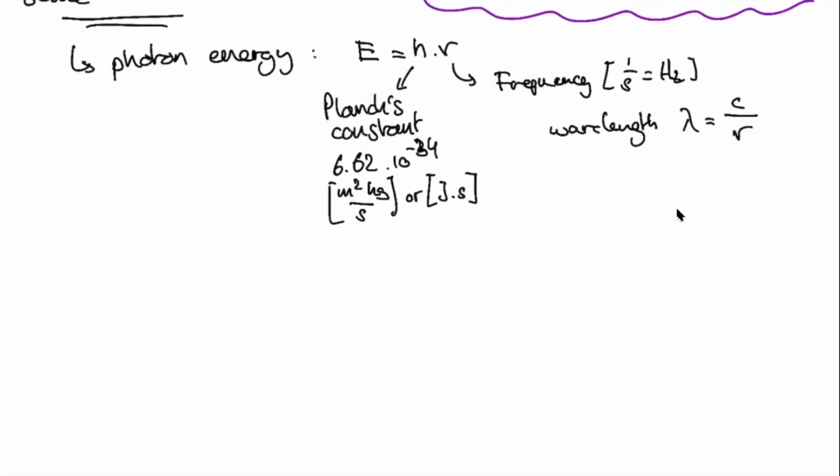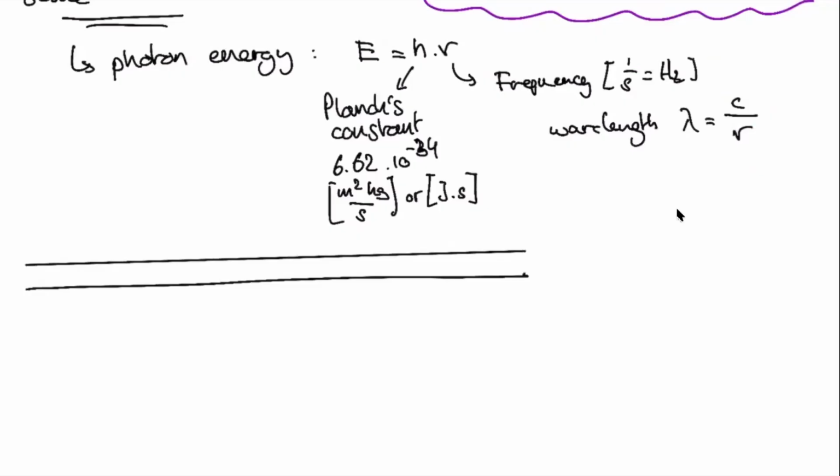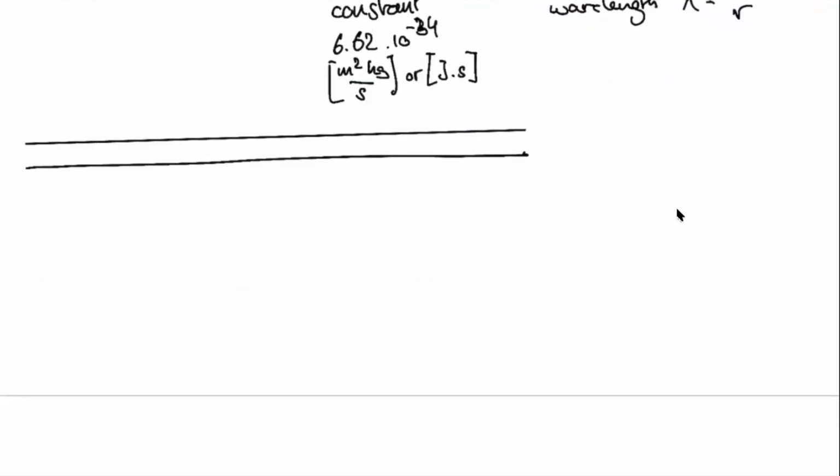Okay, so let's look at some values. If we put nu here in second to the minus 1 times 10 to the 15th, lambda in nanometers, or energy in kilojoule per mole. If we are in the far UV, this is 3.0, 100, 1200, so 1200 kilojoule per mole.